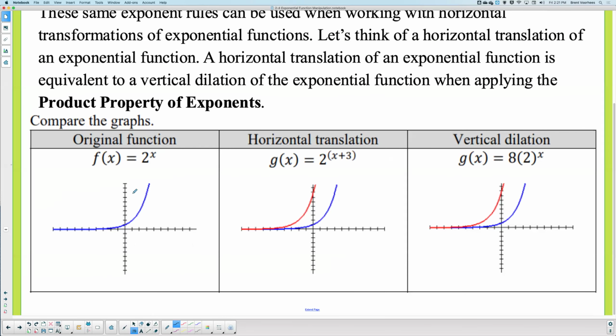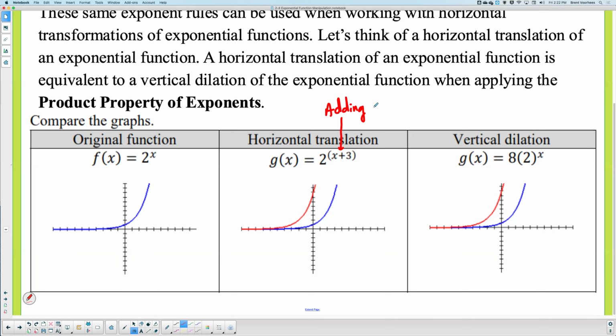Here's the original function. In red is the transformed. Tell me about this red in the middle section versus this red on the far right section. How do the reds look compared to one another? They look the same. But look at their equations. Are the equations the same? No. What I want you to mark down on this one is notice that I am adding to the x's here. Now, I know x's are a liar. Don't get caught up with that.